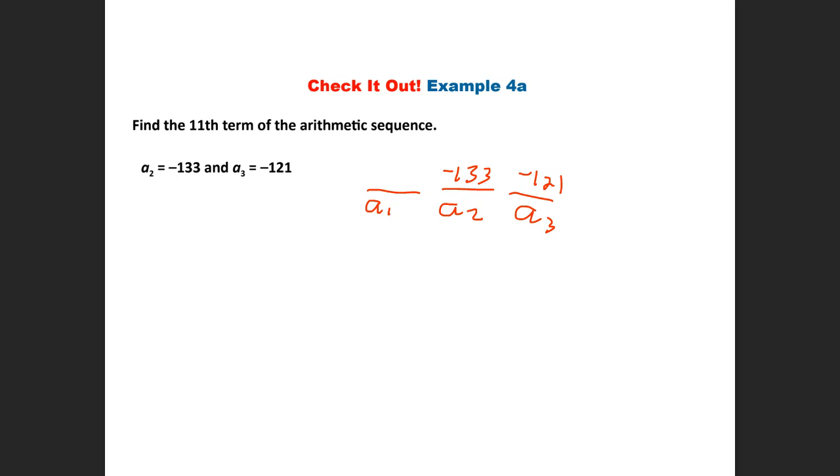So 133 minus 121 is going to be 12. So my d value is 12. If I wanted to find my a sub 1 value, which I do need, I just subtract off 12, so I get -145.